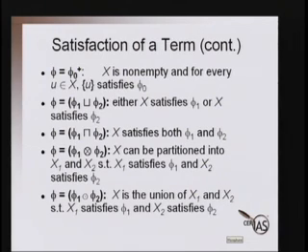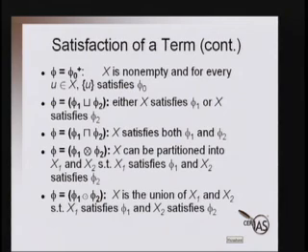An interesting case is when we use the O times to connect two subterms. Then a set of users satisfies such a term if and only if X can be partitioned into two disjoint sets such that each subset satisfies a subterm.